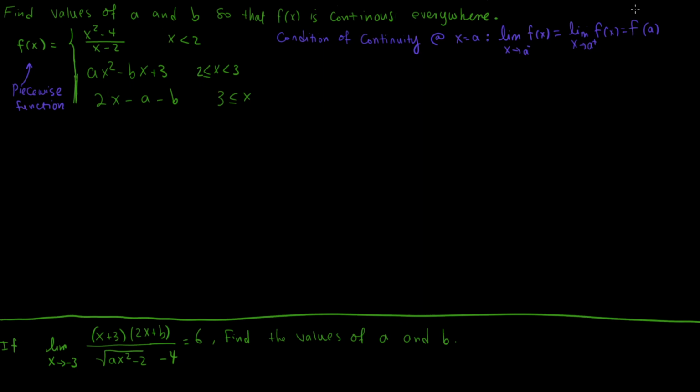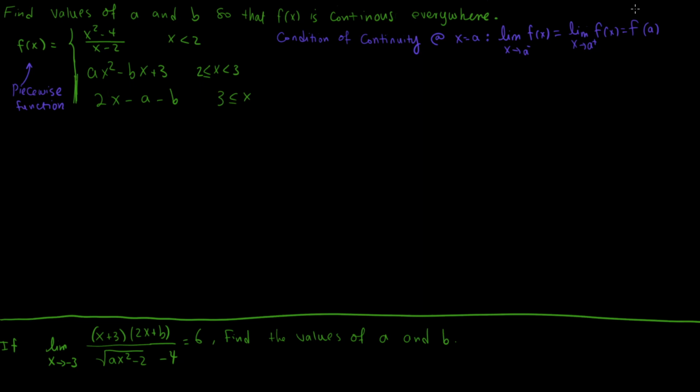Now, the major problem is this doesn't really solve anything for you here. Why? Because according to the question, this needs to be continuous everywhere. Everywhere is an infinite number of points. So we can't really apply this condition of continuity to every single point that is in R. There's infinite points. We have to do this infinite times. It's not possible.